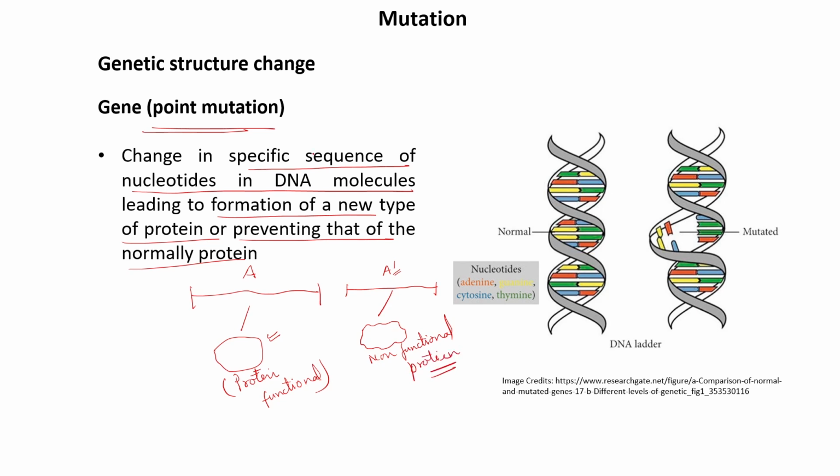So there is a change in the specific sequence of DNA. Here you can see this is the normal DNA, and this particular part now gets mutated. So the whole gene structure gets changed, and the trait that is governed by that particular gene also gets changed.